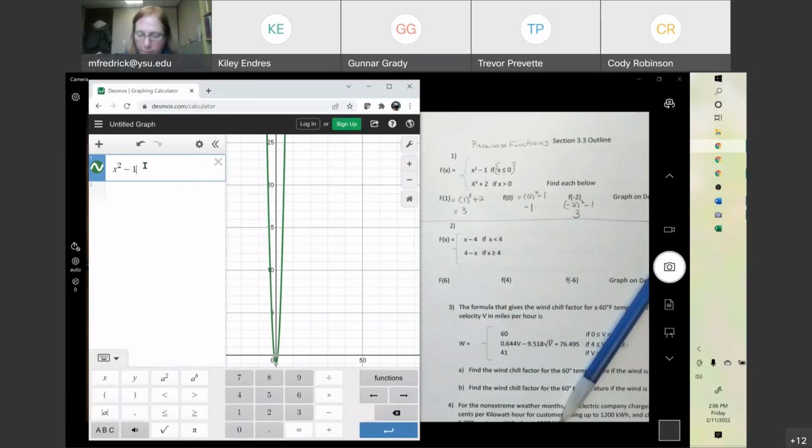Then when we put in the inequality, x less than or equal to 0, now we only have half of a parabola because we wanted everything 0 or less. So it only kept the left side and not the right side. Any questions so far?